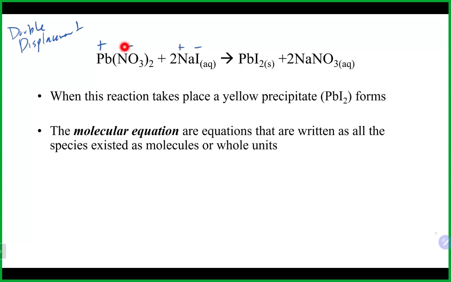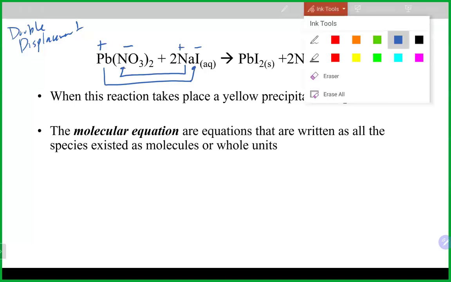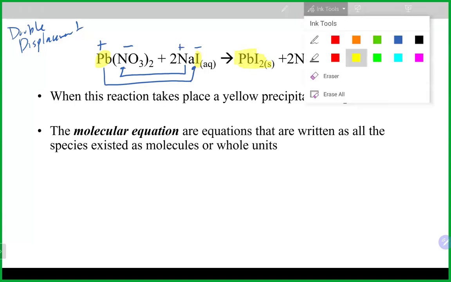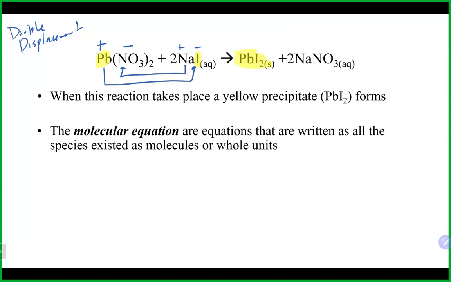And we're going to basically switch partners here. So the lead will come over here and this guy will come over here. So when they do come together, they make some new ionic compounds. So this guy and this guy come together, and when those two ions come together, that is going to make a solid that is formed. And when sodium and the nitrate come together, they will make sodium nitrate.